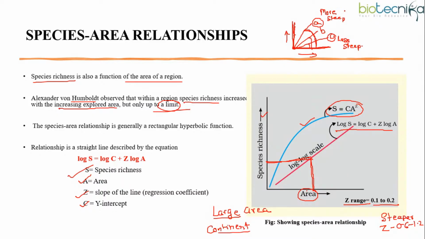So what is the significance of the steeper slopes? Steeper slopes here signify that the number of species found increases faster than the area explored in very large areas, like an entire continent. If you compare this with the x-axis, the y-axis is representing species richness, right?